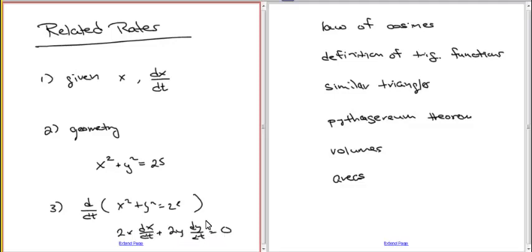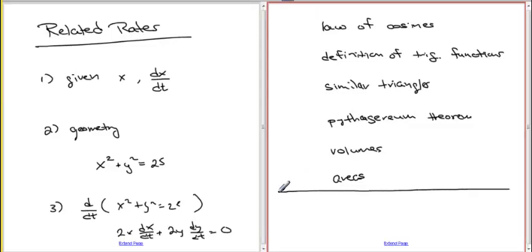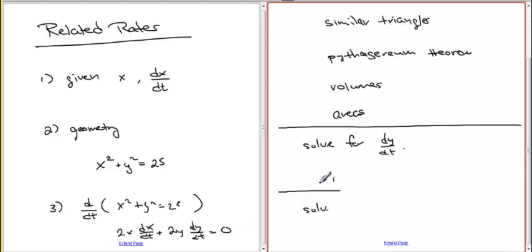And then you can algebraically solve for it. So you solve for the one they're asking for, dy/dt, and then you plug the numbers in. And you just got to be careful about signs, whether something is getting shorter or longer.